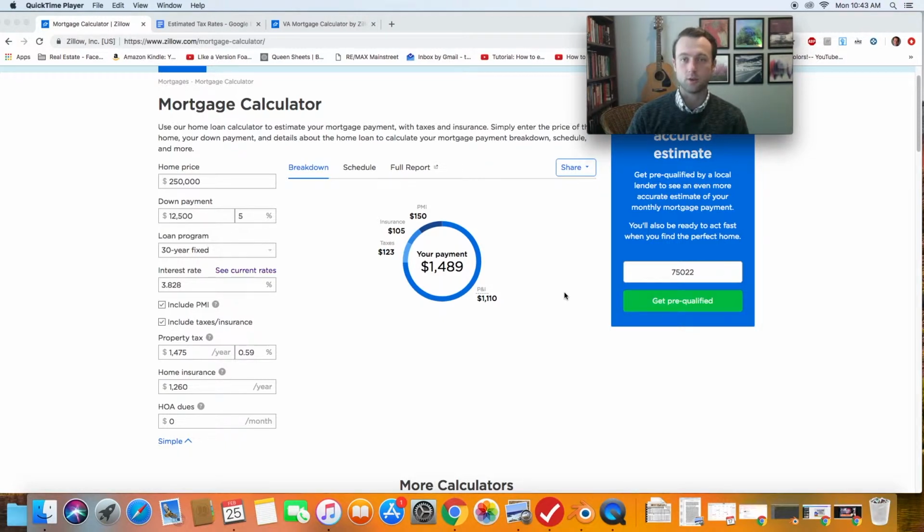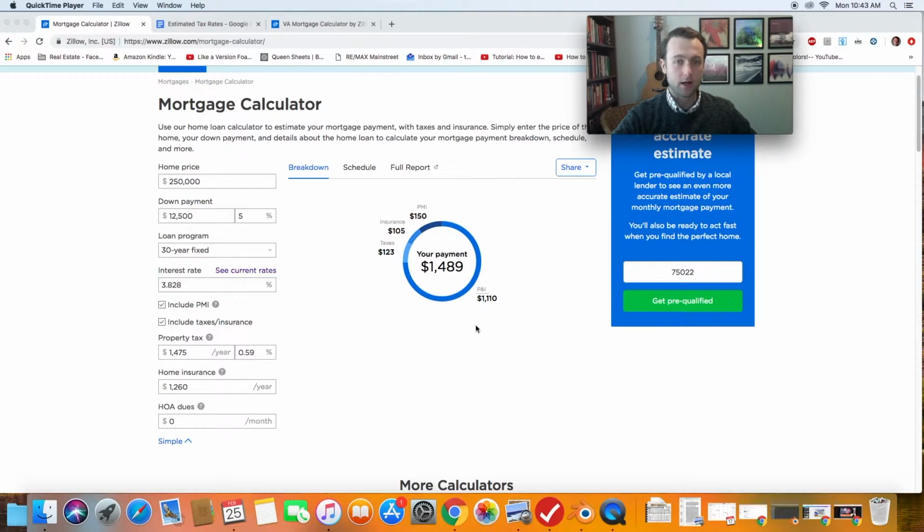I've also noticed that if you're first starting to look on Zillow and Realtor.com and you're seeing the estimated mortgage amount, a lot of times it's a bit inaccurate, so people might think that they can afford more than they really can. So I wanted to go over this with you real fast so that you can get a better idea of what you'd be looking at and help you make the best decision for you.